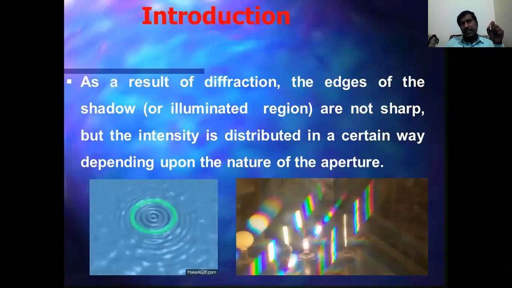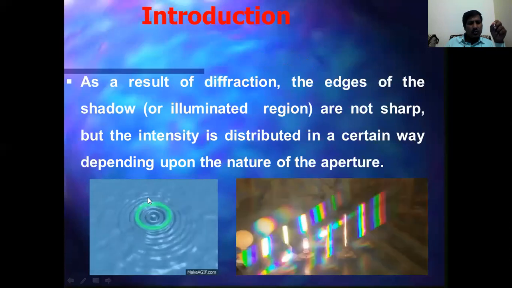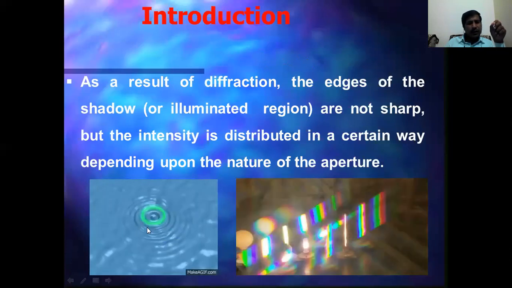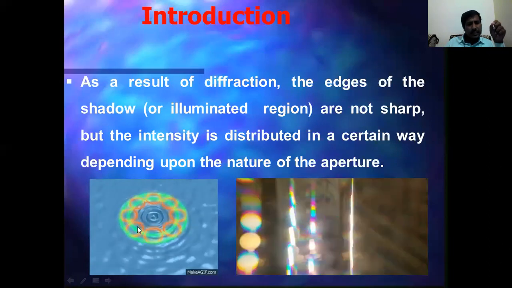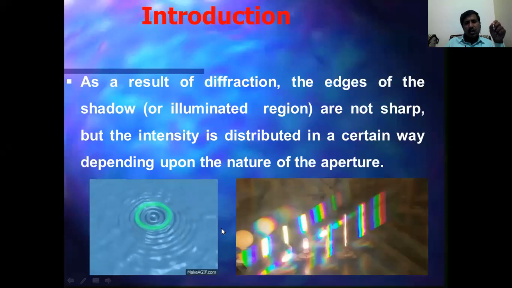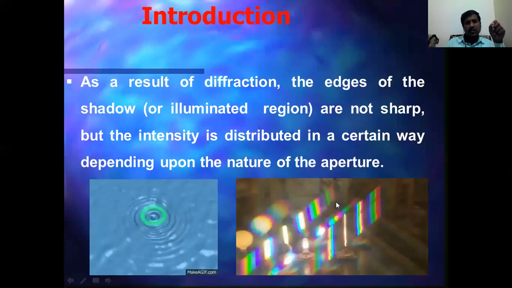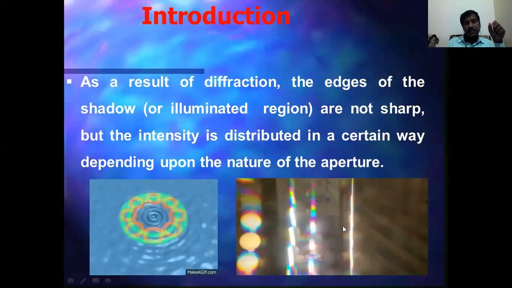Wherever you see the edge, you can see it in the water also. If you drop an object, there is a kind of pattern you can see, right? Diffraction pattern. Here also, see how lights are, due to diffraction only you can see these different colors of lights.